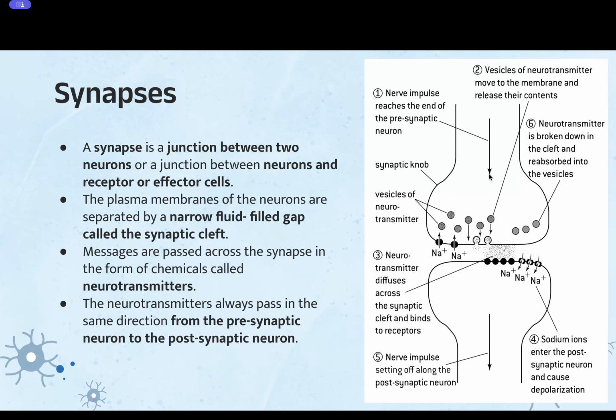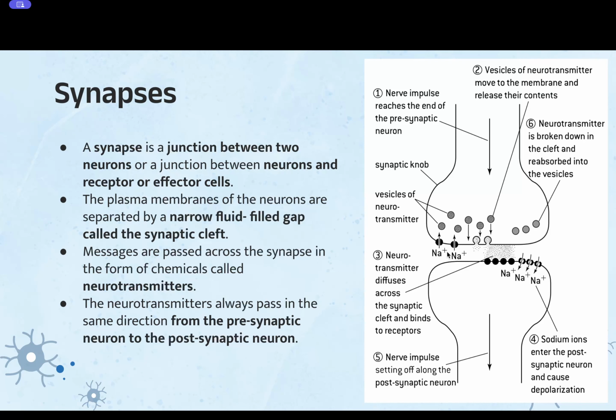After it reaches there, the neurotransmitters, which are contained in vesicles for transfer, will attach to the membrane of the presynaptic neuron, open up and release their contents, the neurotransmitter, into the synaptic cleft.